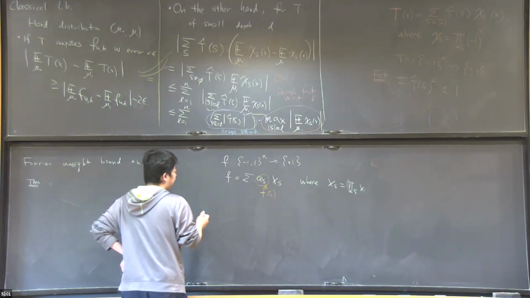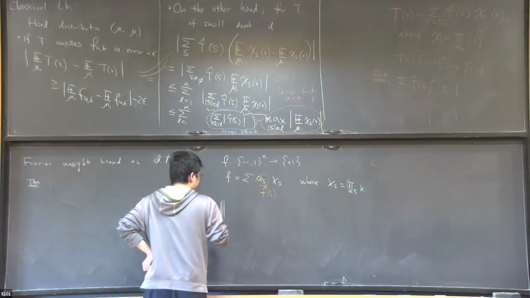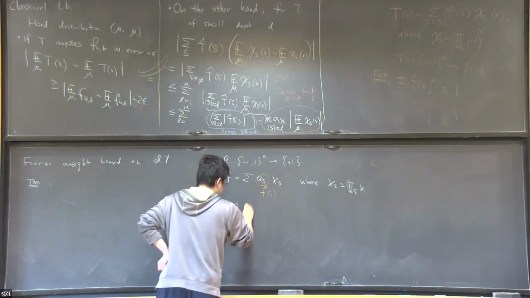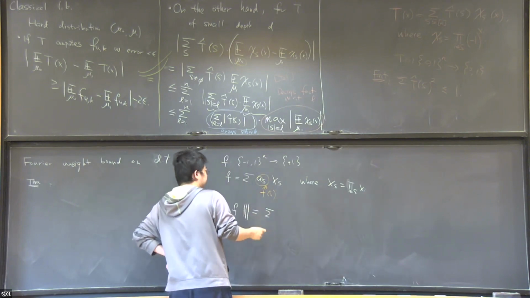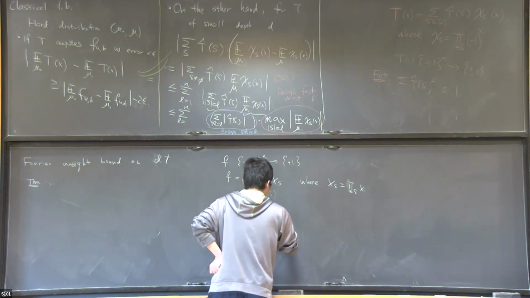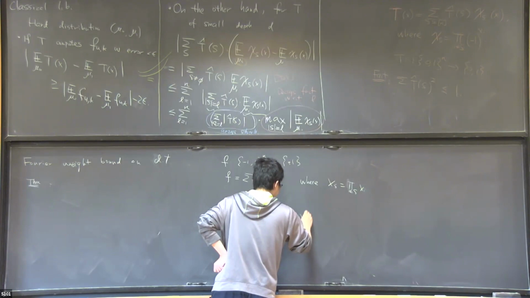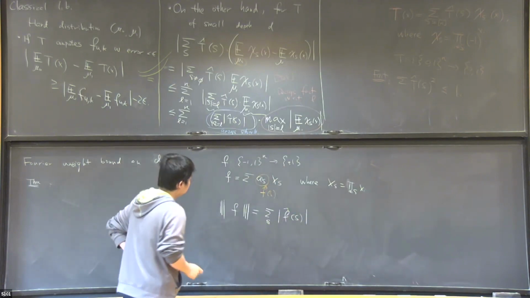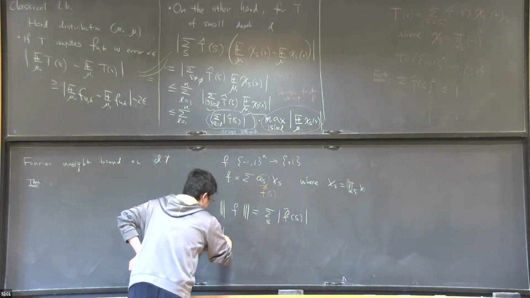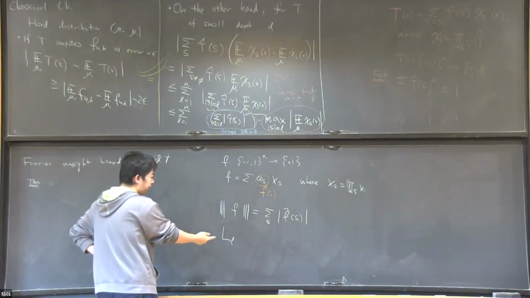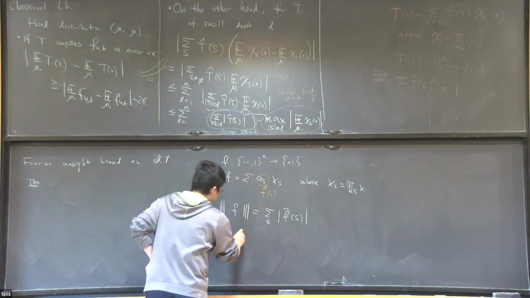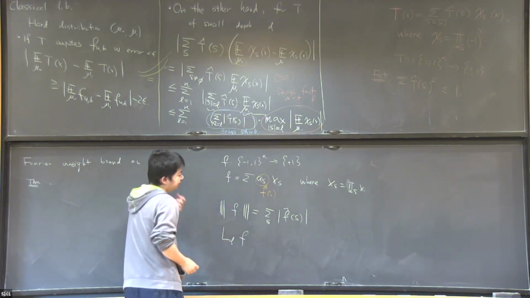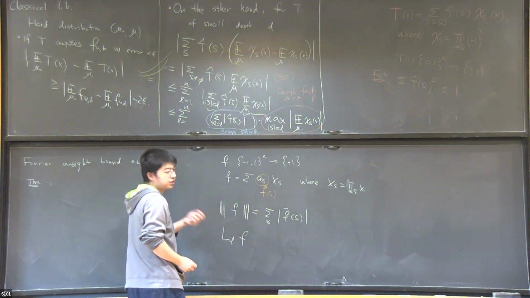And then we will study this norm, which is just the sum of the Fourier coefficients in absolute values. And then we also have this operator level L: the level L Fourier spectrum of function f, or the degree L homogeneous part of a polynomial.